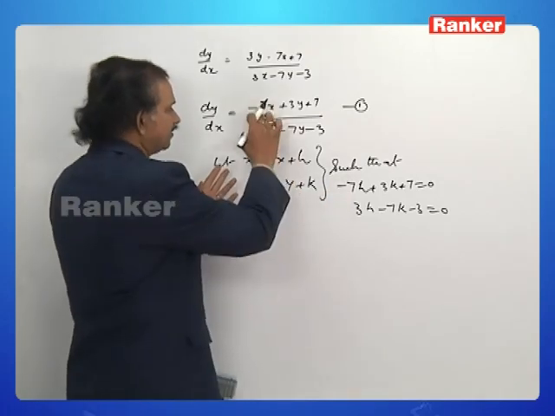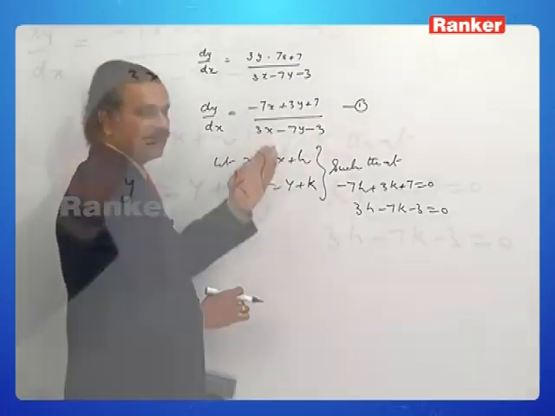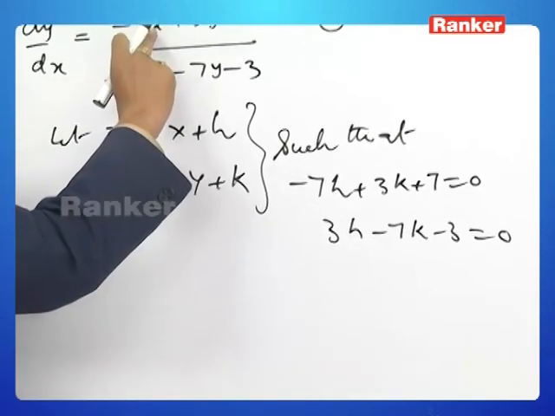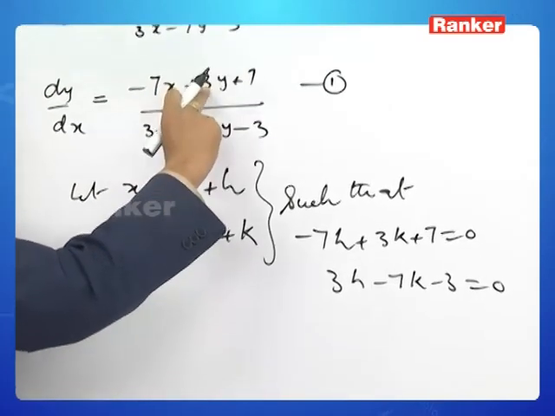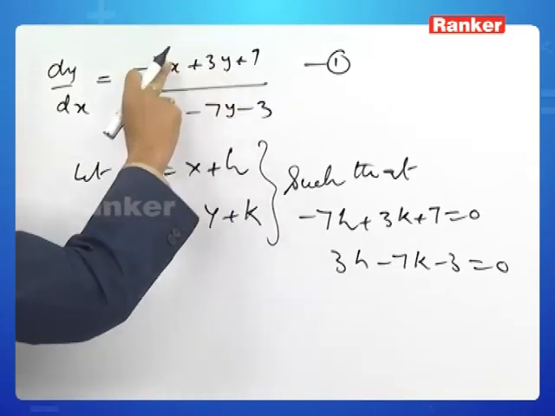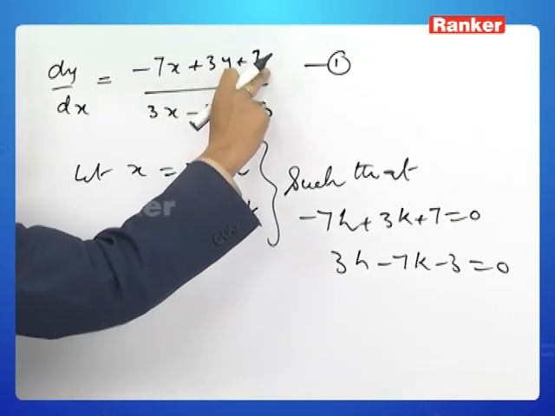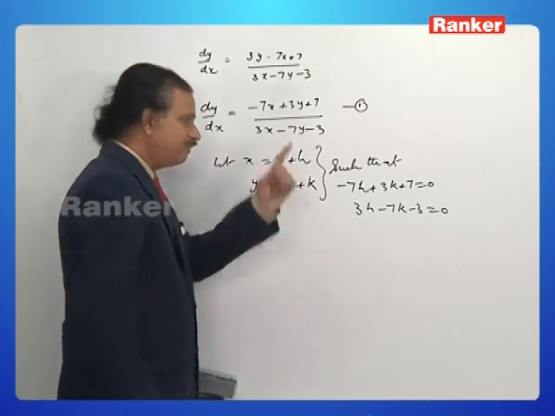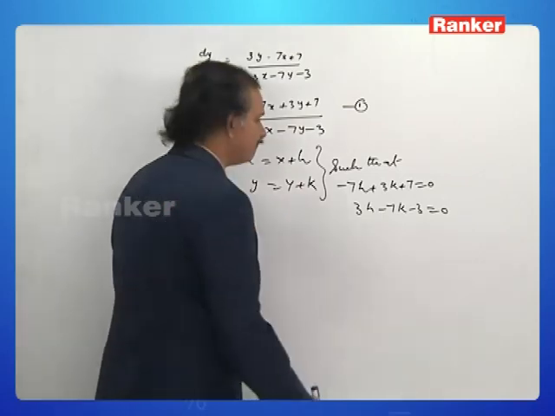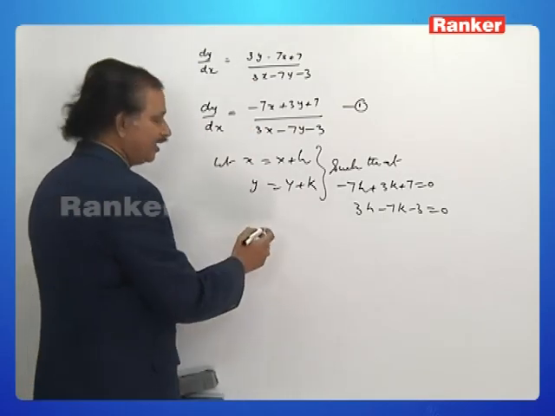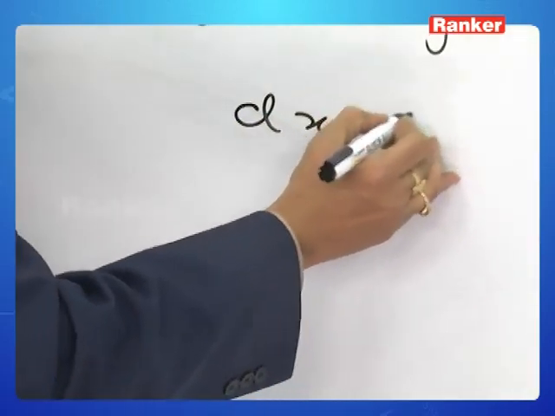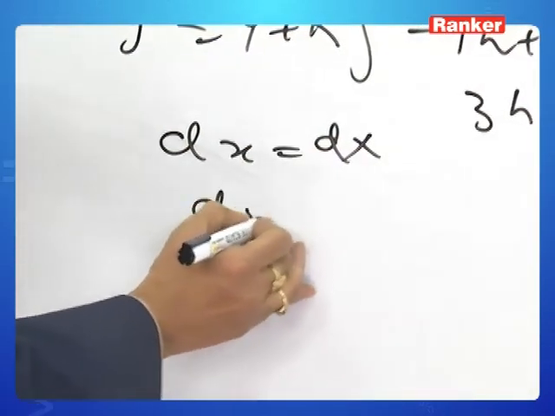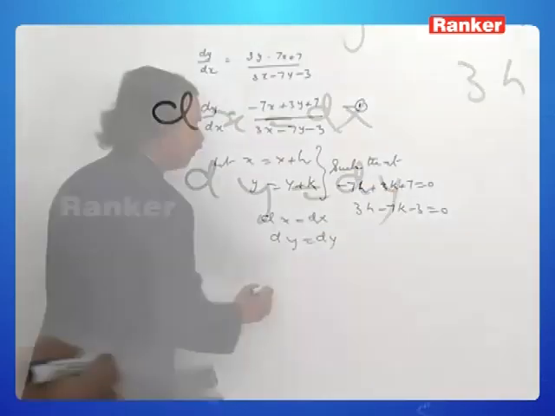If you put X plus h and Y plus k here, what will be the nature of this? Minus 7 capital X, 7h, 3 capital Y, 3k. Minus 7h plus 3k plus 7 is going to be made 0. That is the benefit you are going to have. In this situation, dx is equal to d capital X and dy is equal to d capital Y.